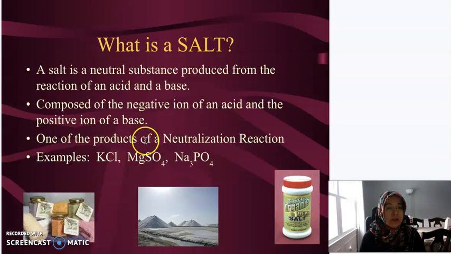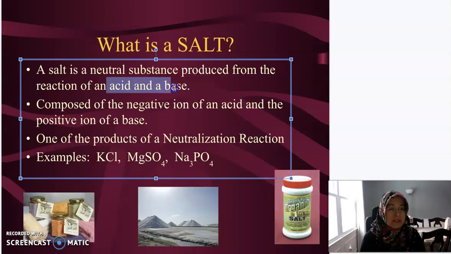Salts are products of a neutralization reaction, because when you mix acid and base, it is called a neutralization reaction. Examples include potassium chloride, a combination of HCl and KOH. Magnesium sulfate comes from magnesium oxide and sulfuric acid.